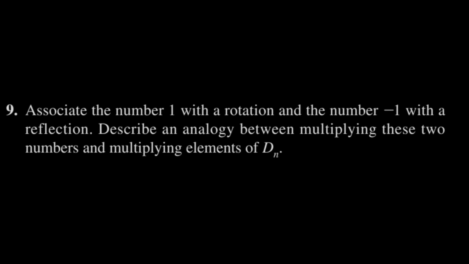So just like in the previous exercises, if we multiply a reflection by a reflection, we get a rotation, which is kind of like if we multiply -1 and -1, we get 1. And if we multiply 1 with 1, we also get 1, which is like rotating a rotation. And if we multiply just -1 and 1, or 1 and -1, then we get -1, which is like a reflection.